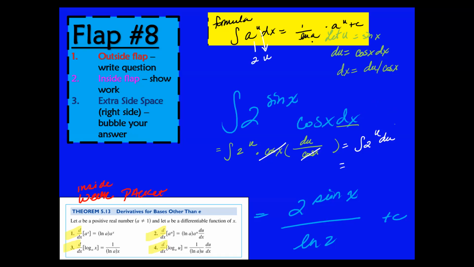So then you have 1 over ln a, which is 2, a to the u, which is 2 to the u, plus c.